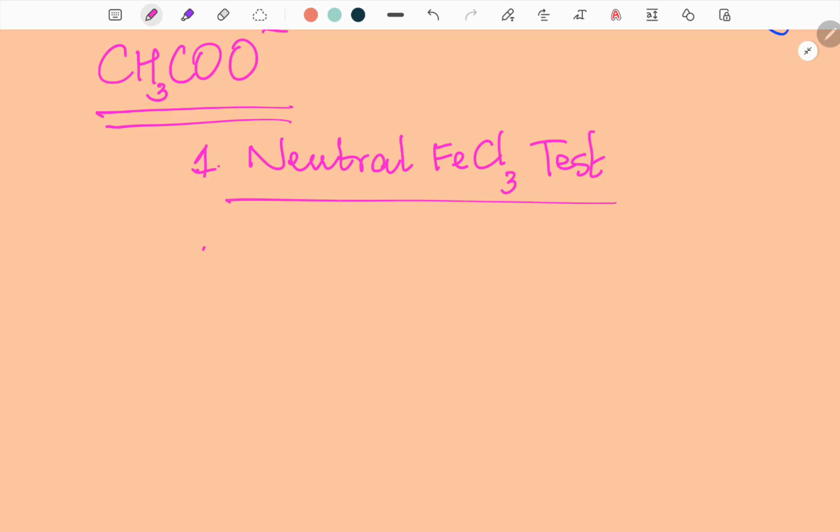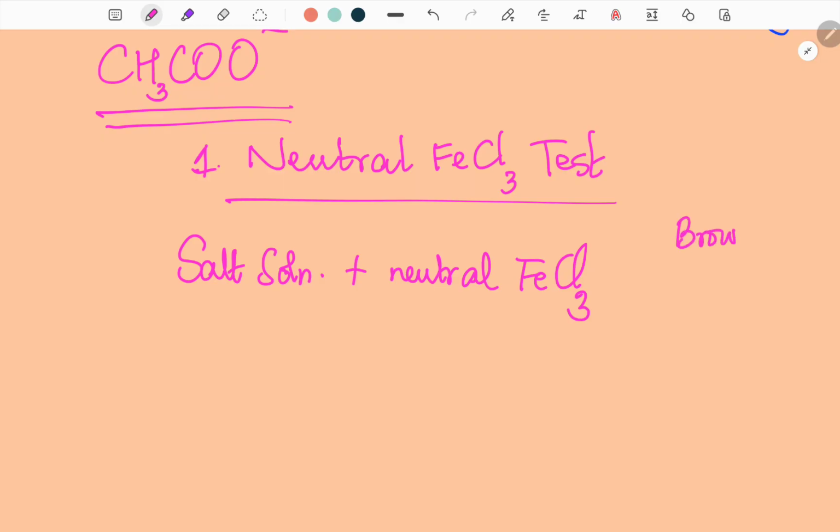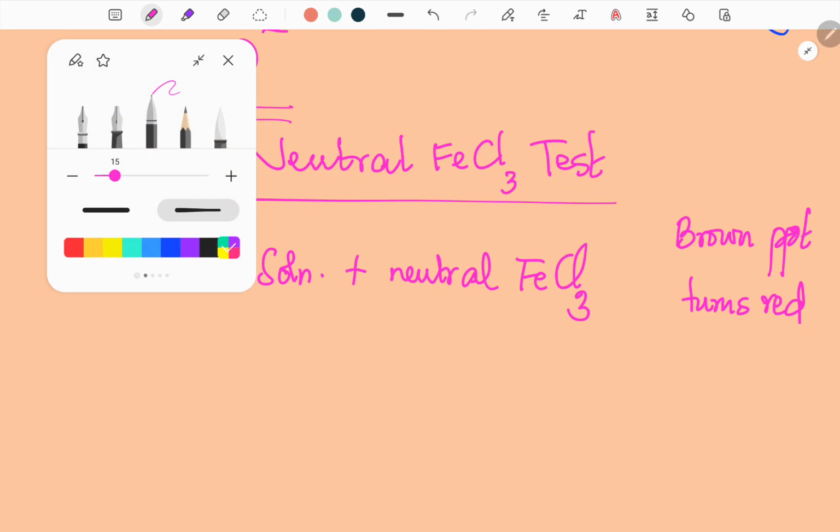For the neutral ferric chloride test, you need to take the salt solution and add a few drops of neutral ferric chloride. Now, if you are able to see a brown precipitate which slowly turns red, then that indicates your ion is acetate. That is the confirmatory test.